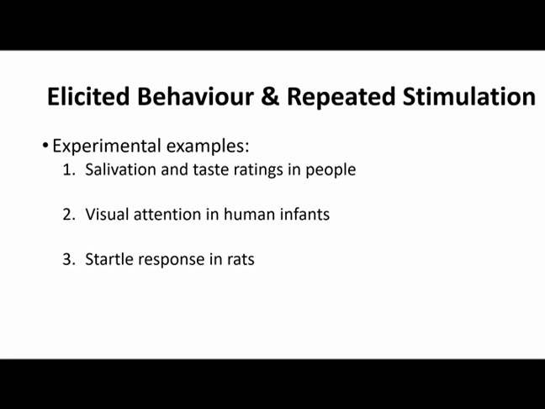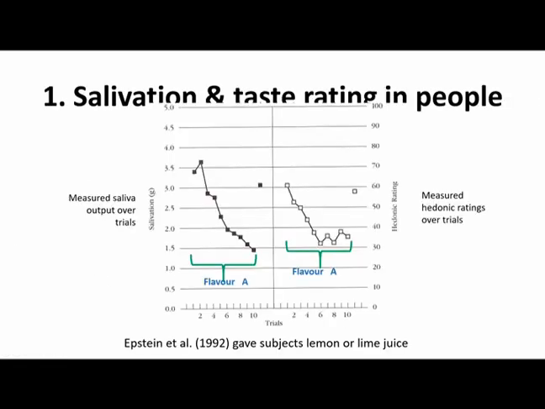So let's look at a couple of experimental examples of elicited behavior and this repeated stimulation. We're going to do 3 different examples. We're going to look at salivation and taste ratings in humans, visual attention in human infants, and then startle response in rats. The first one here is salivation and taste rating in people.